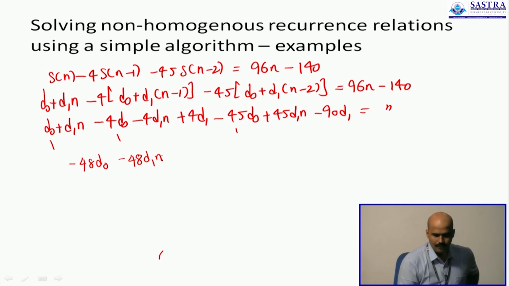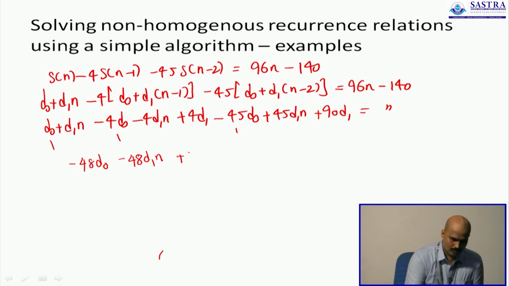The last part, d1 terms: 4d1 minus 90d1, this gives us minus 94 d1, giving us 96n minus 140.